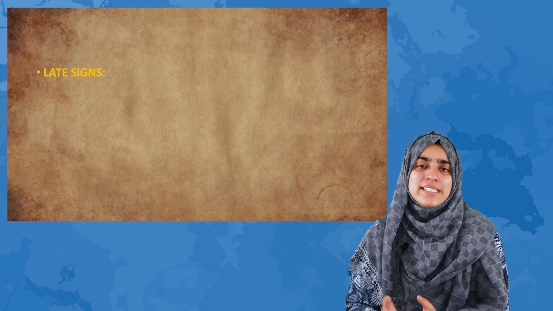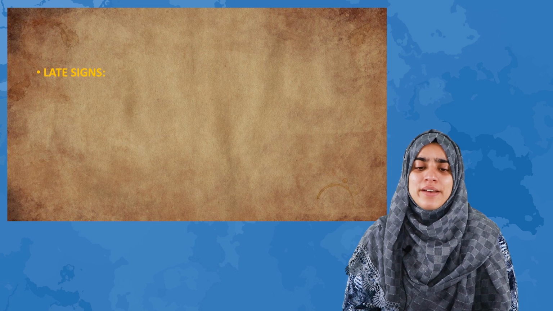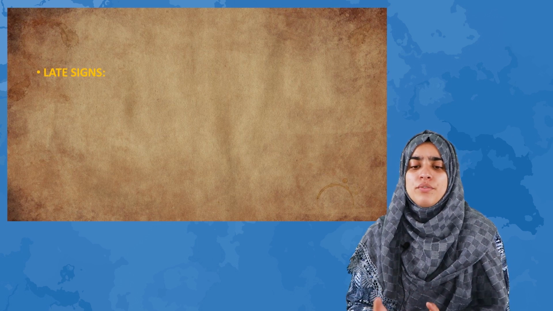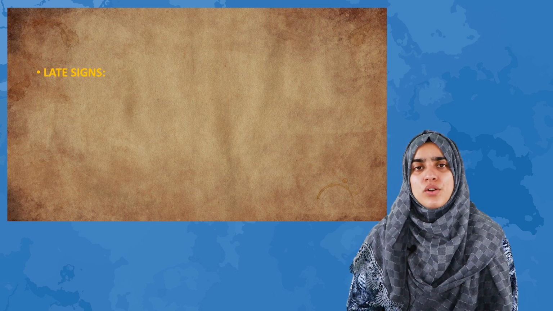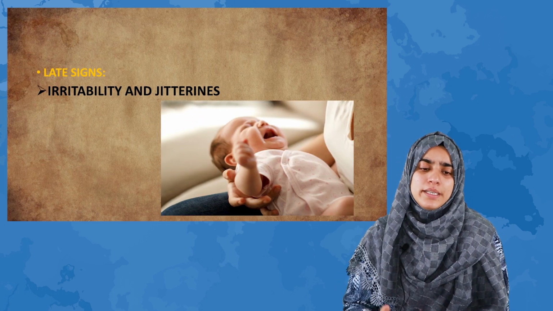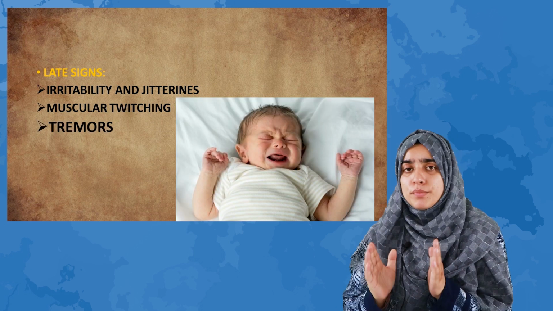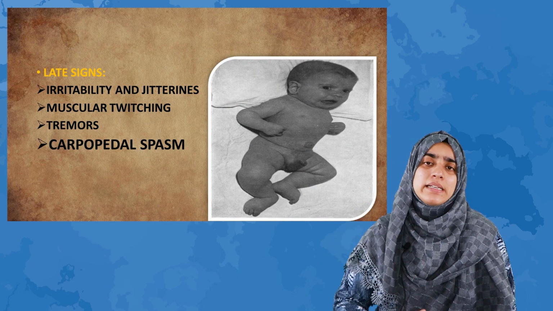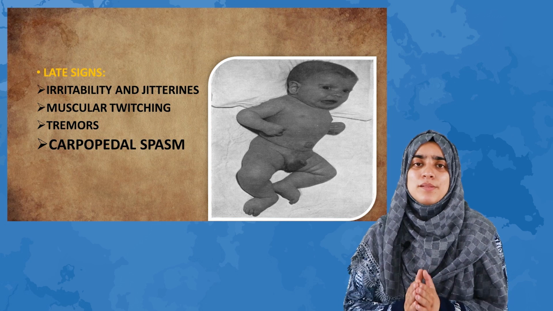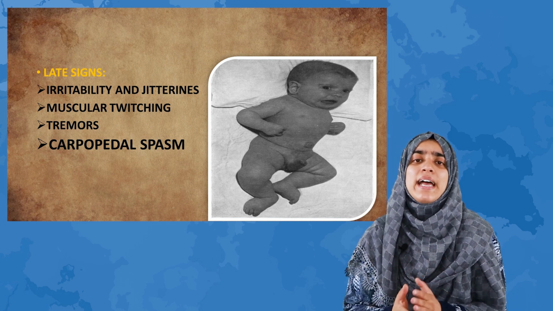The late signs can occur 3 to 7 days after birth or even as late as 6 weeks of age. They may include irritability or jitteriness, muscular twitching, tremors, then carpopedal spasm, that is spasm of the muscles of the hands and feet.